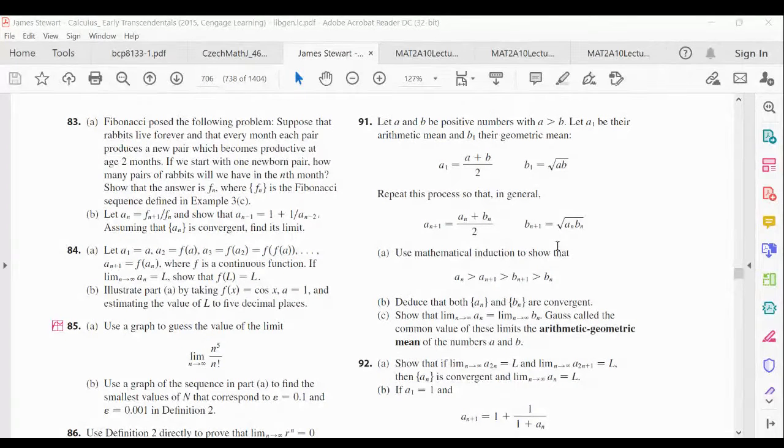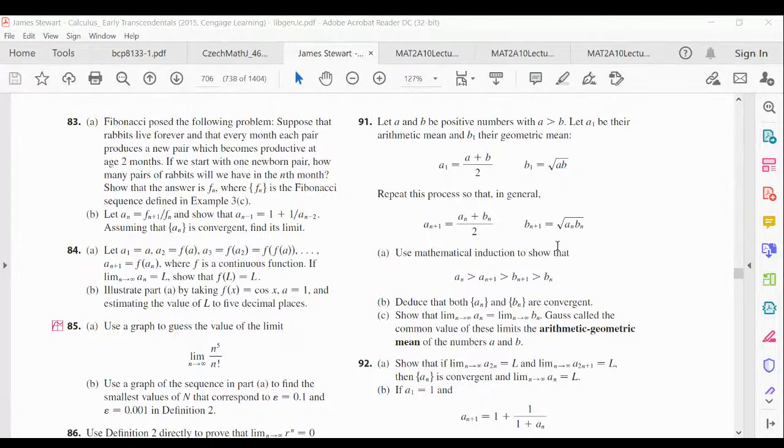Right? So let's look at 83a. So you want to know, how do you get started with this? Let's look at the first few Fibonacci numbers. The first one is 1, then it's 1 again, then it's 2, then it's 2 plus 1, it's 3, then it's 2 plus 3 is 5.